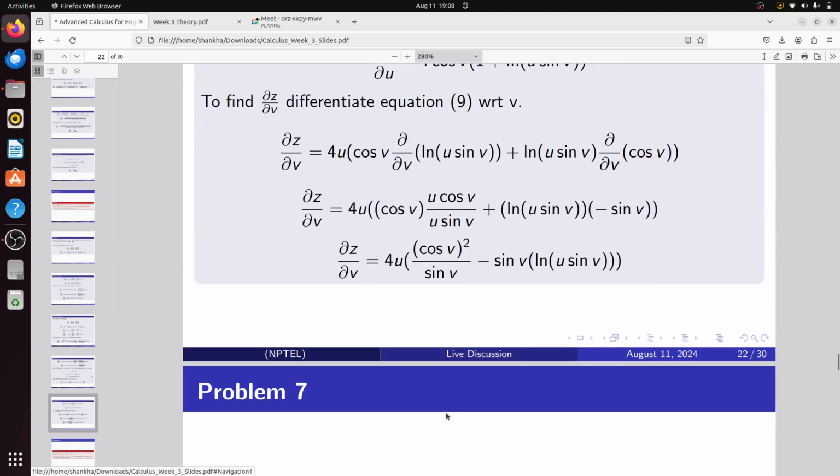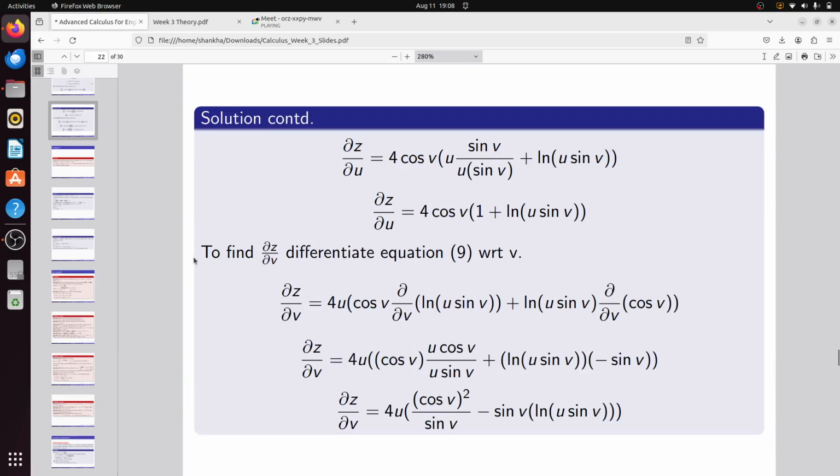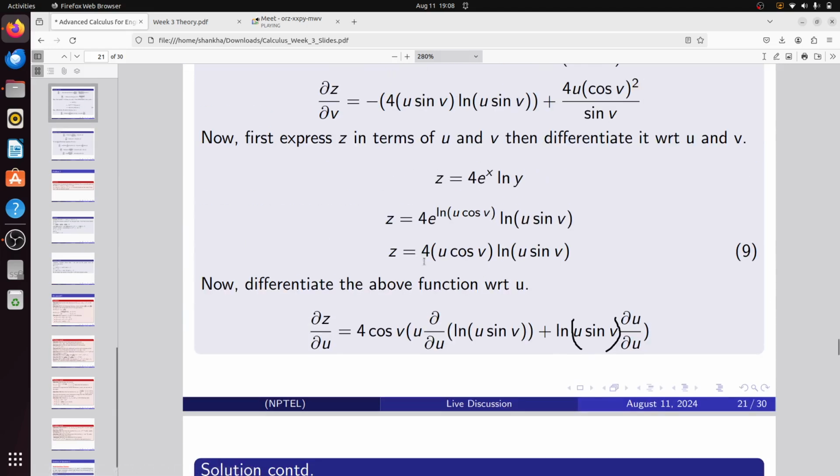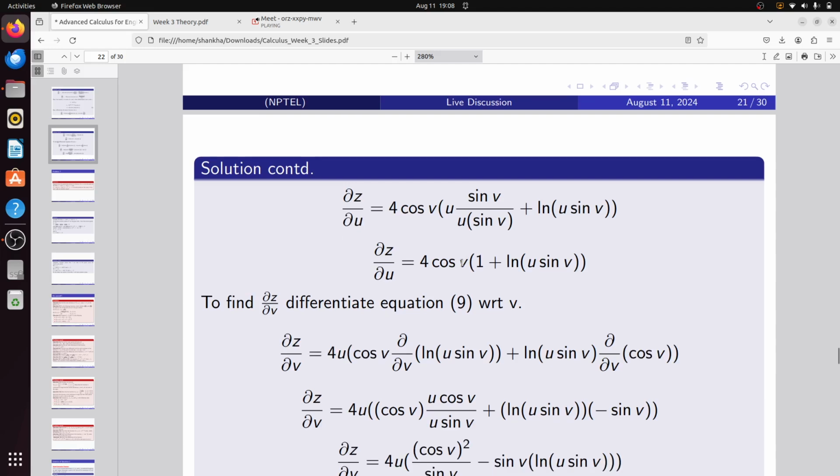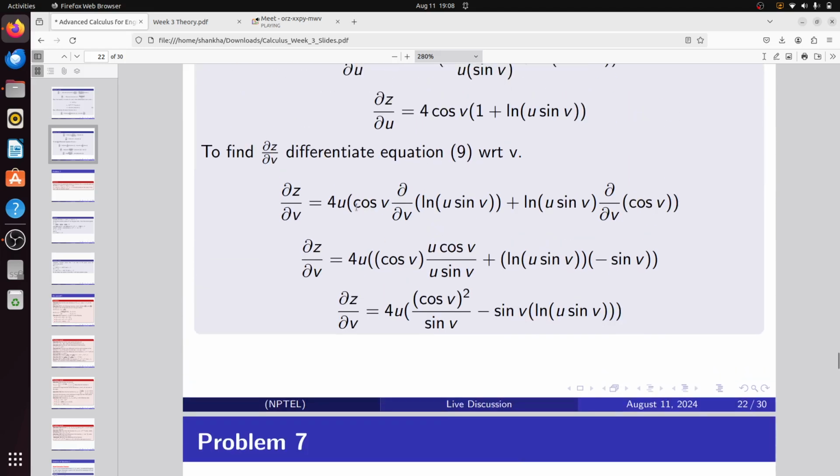Similarly you can determine ∂z/∂v: differentiate equation 9 with respect to v. What is equation 9? 4u cos v ln(u sin v). You take 4u common, you will get cos v ln(u sin v). So ∂z/∂v is equal to 4u common, cos v ∂/∂v of ln(u sin v) plus ln(u sin v) ∂/∂v of cos v. Is it clear till now?